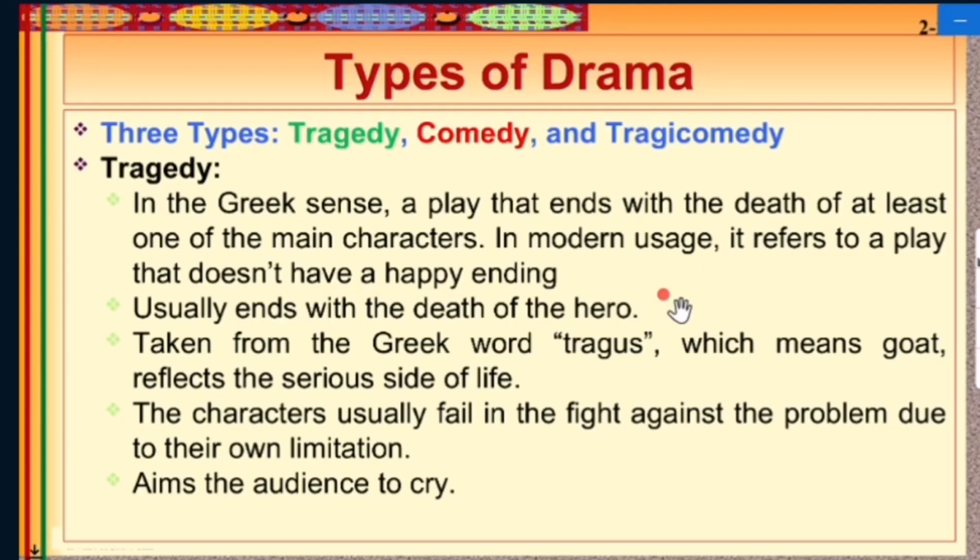Usually it ends with the death of the hero. Taken from the Greek word tragus, which means goat, it reflects the serious side of life. The characters usually fail in the fight against the problems due to their own limitations. The aim of tragic drama is to induce the audience to cry.